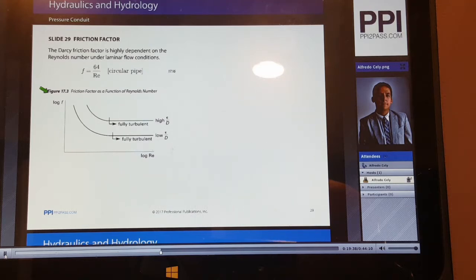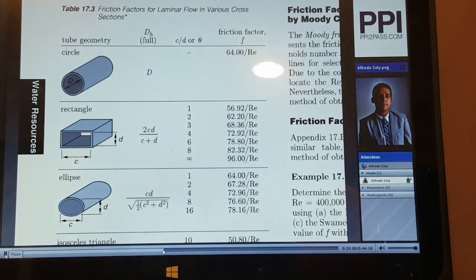Table 17.3 of CERM gives some variations on equation 17.16 for various pipe shapes under laminar flow conditions. For closed conduits, circular pipes are the most common type of facility. Here we see table 17.3 of CERM.